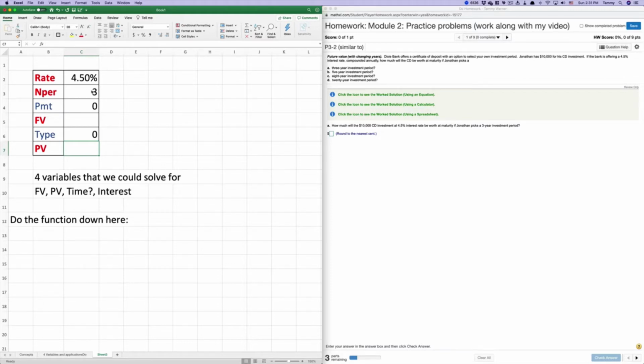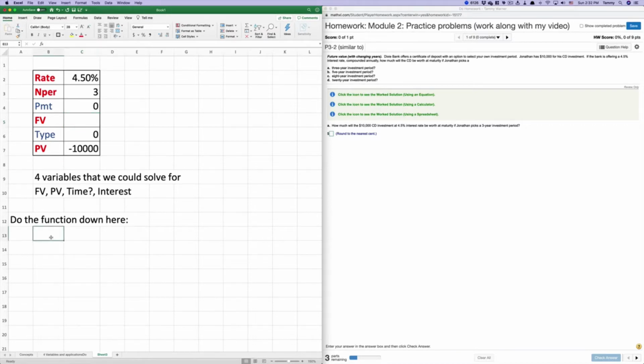You're taking money out of your hands and putting it into the bank's hands, and then after it grows at 4.5% for 3 years, it's going to come back to you as a positive cash flow. So we're going to say our present value is negative $10,000, right? And so the question is, what is the future value?